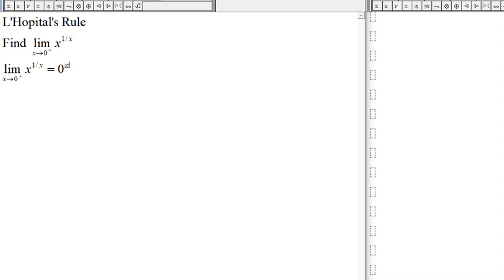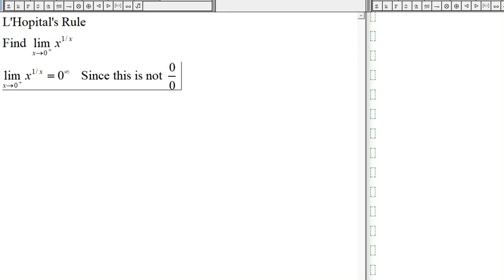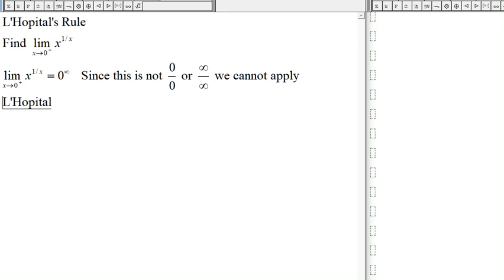It's not 0 over 0 or infinity over infinity, and therefore we cannot use L'Hopital's rule. And so we have to use another strategy.